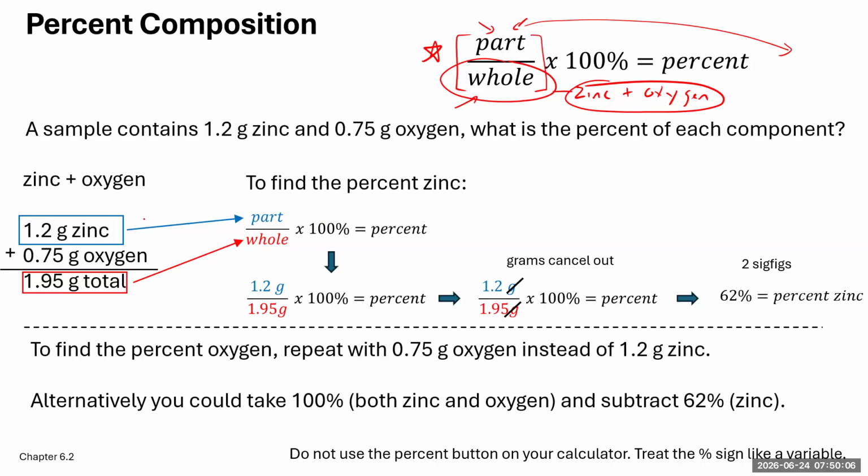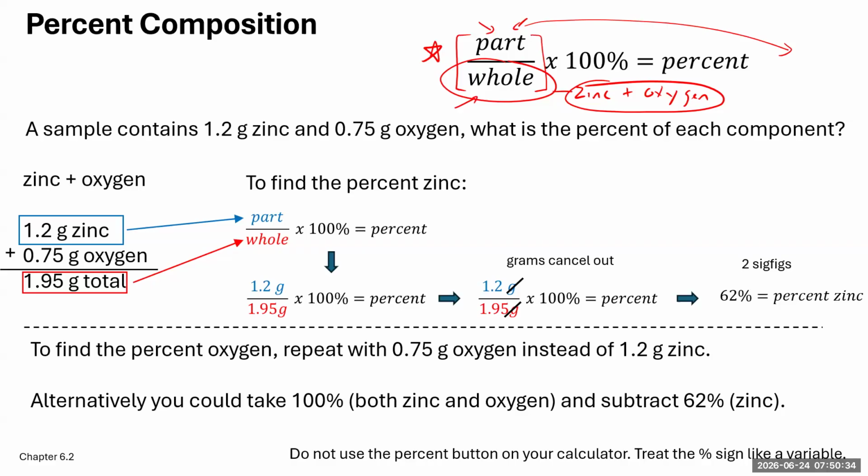So to find the percent zinc, you're going to just put zinc into where the part is, which is called the numerator. And then on the bottom isn't the oxygen, it's those added up. So 1.2 grams of zinc plus 0.7 grams of oxygen is going to be 1.95 total grams of the whole thing, right?